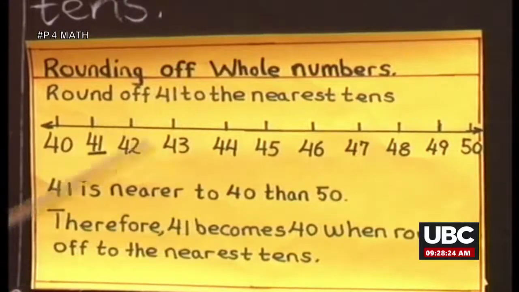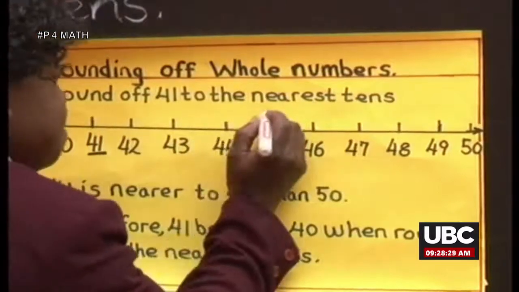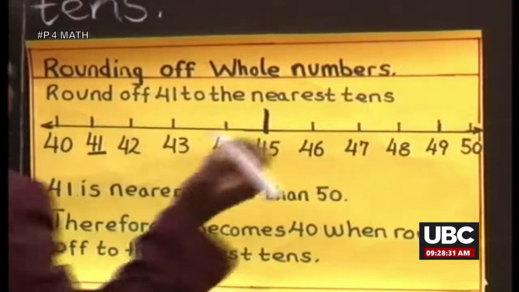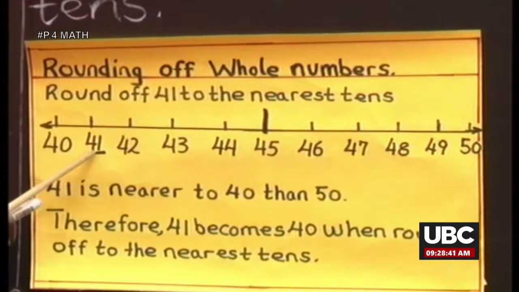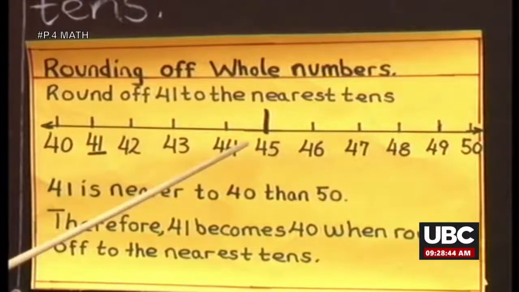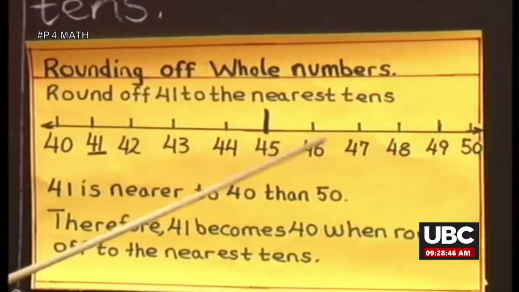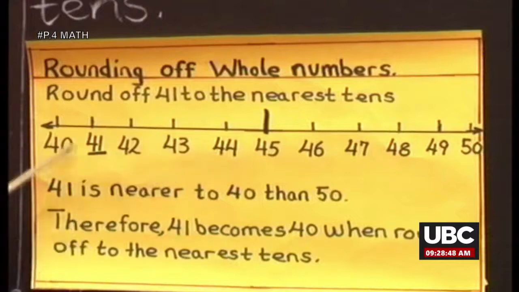If you look at our number line, we have the middle here, spot 45. So numbers from 40 to 44, all these numbers having 1, 2, 3, 4, when you are rounding off, you round off downwards to this side.